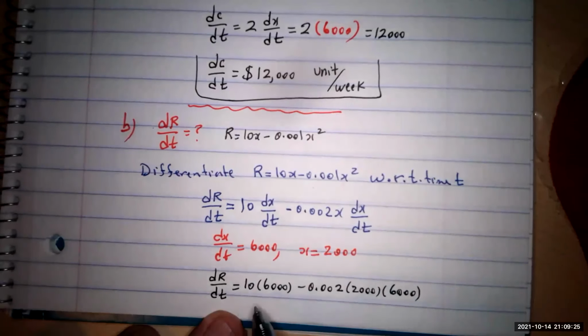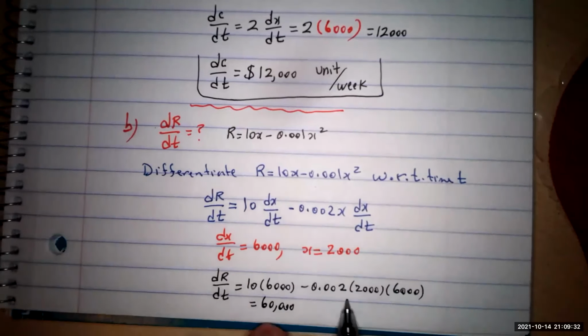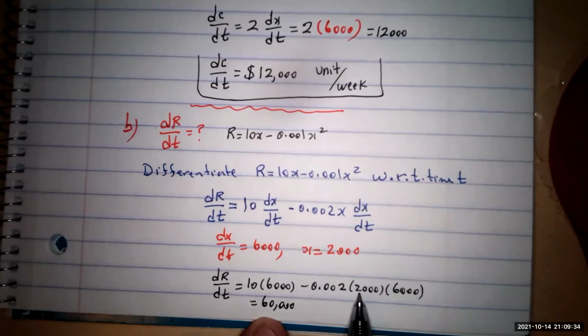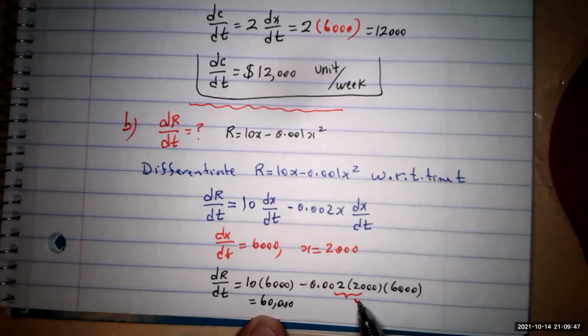Okay, 10 times 6,000 would be 60,000. Okay, that gives you 60,000. Over here, you multiply. 2 times 2 would be 4. Okay, that gives you 4,000. But you have 3 decimals, so that would be 4 only. You see, if you multiply these two together, that gives you 4 only.